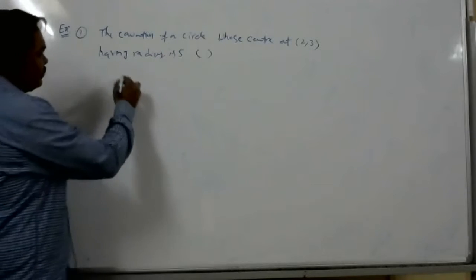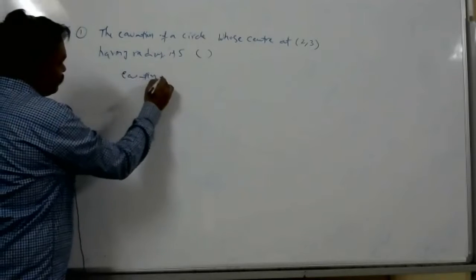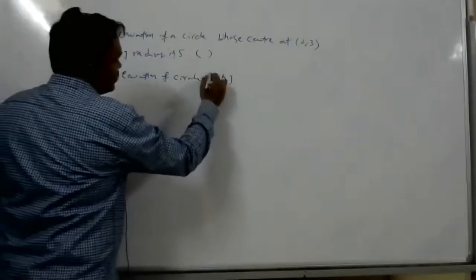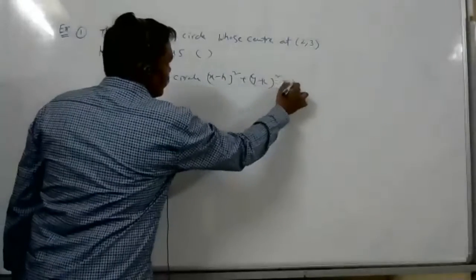Equation of circle: x minus h whole square plus y minus k whole square is equal to r square.